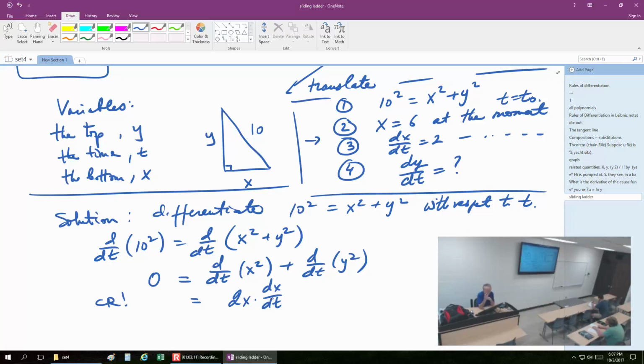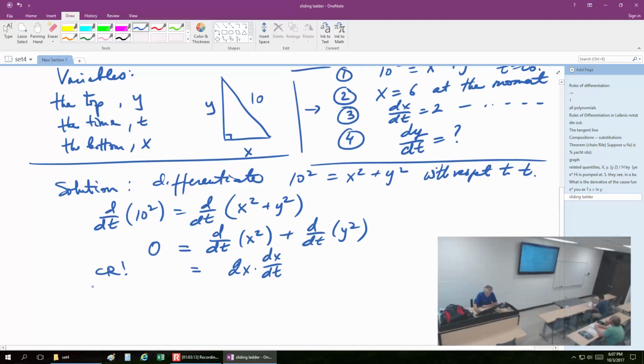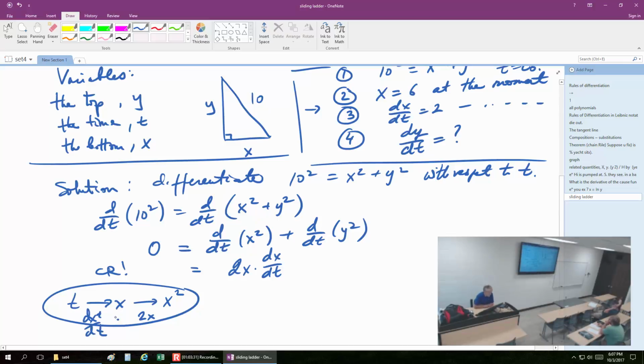What I'm talking about here is the composition from t to x, from x to x squared. So if I differentiate this, I'll have 2x here, but I will also have x prime, dx/dt over here. Then I have to multiply them. It's the composition of two functions, and the derivative is equal to the product of the derivatives. Okay, what's the second term? 2y times dy/dt.